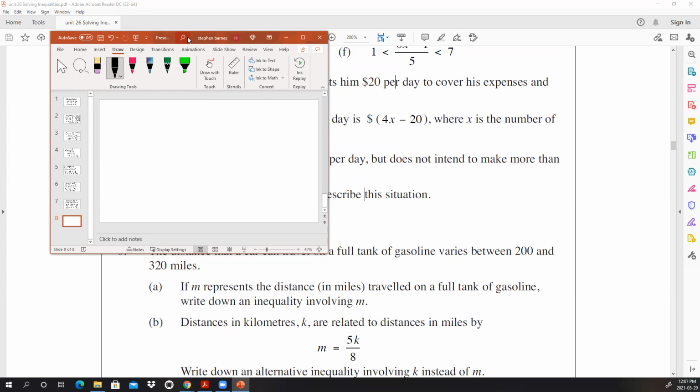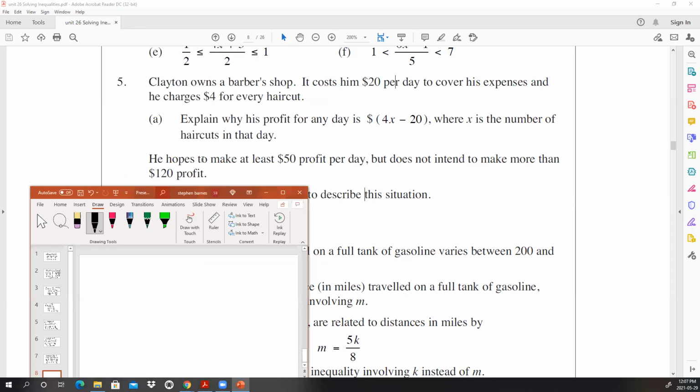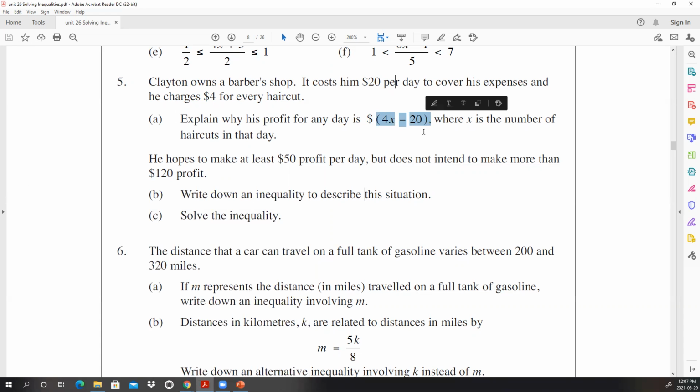What they do is set it up and say, all right, this is like the profit function. I'm going to make it sound fancy. This is just how you would calculate the profit amount: the number of haircuts times the, I guess they call it the charge, that they charge the people per haircut. So this is income and this is expense, right? And then here, this is the profit in any given situation, profit for the day.